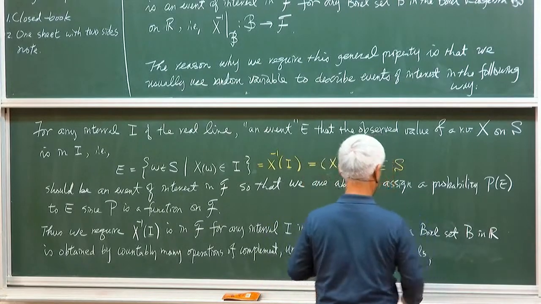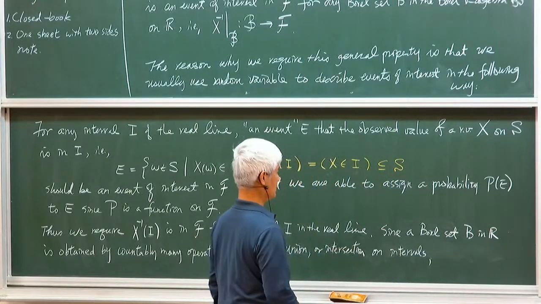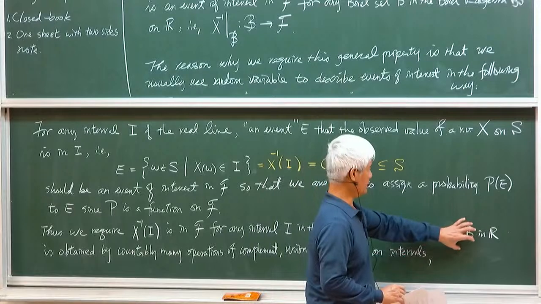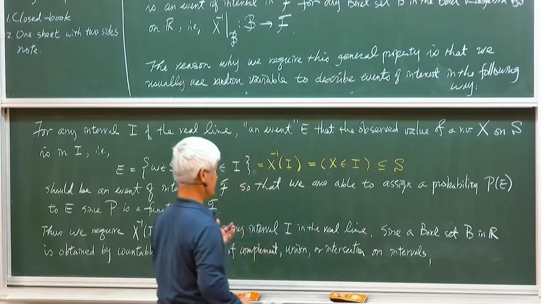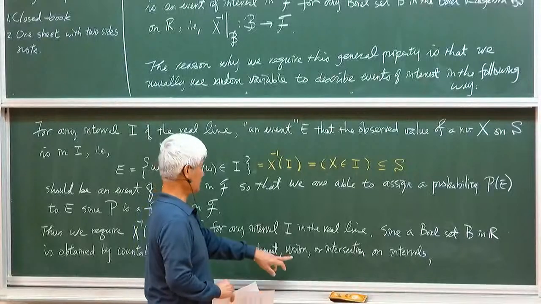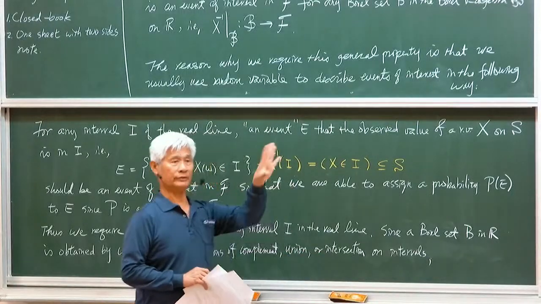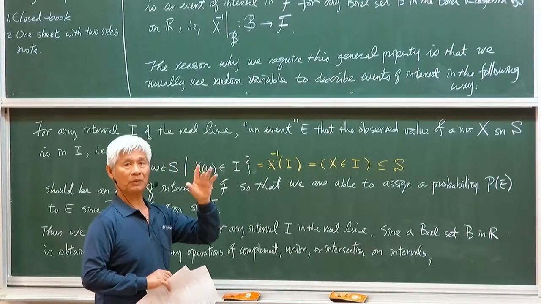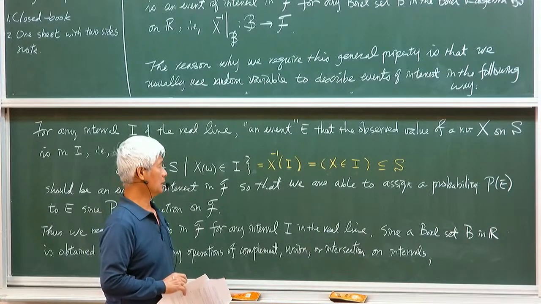So any Borel set is obtained by doing complement, union, or intersections on intervals, as we described before.